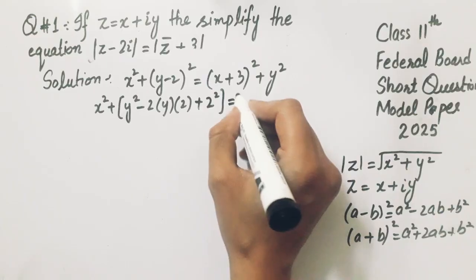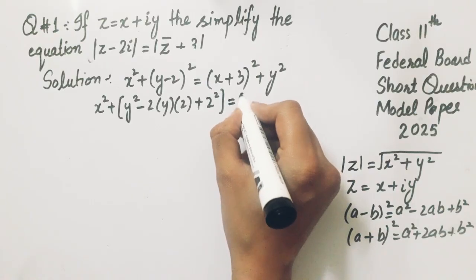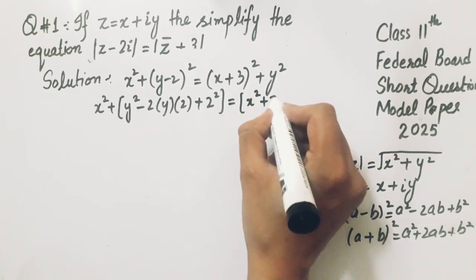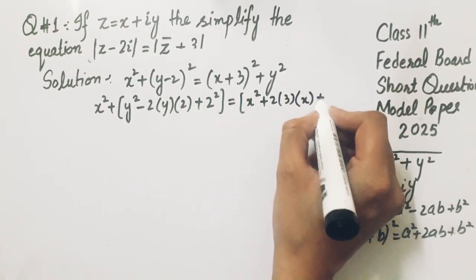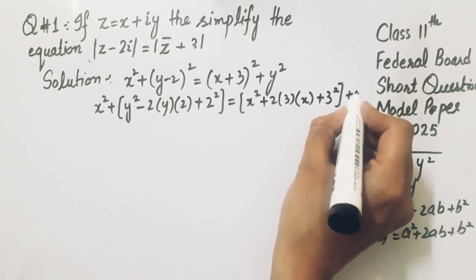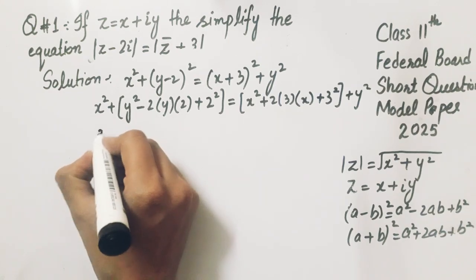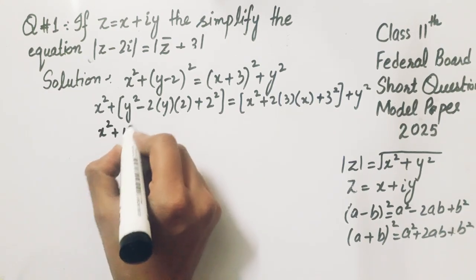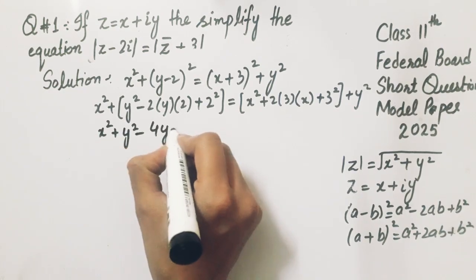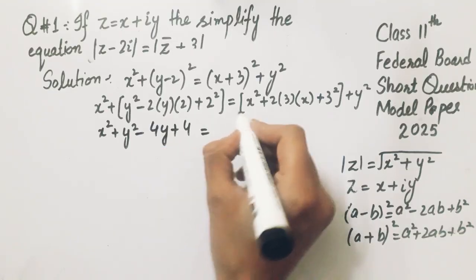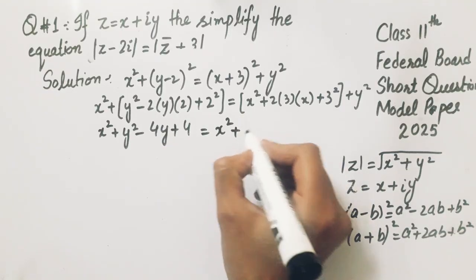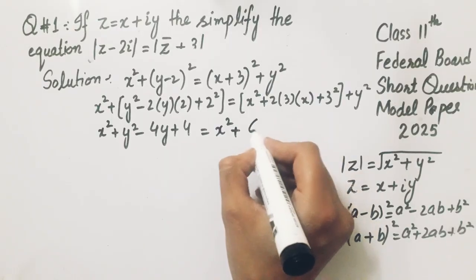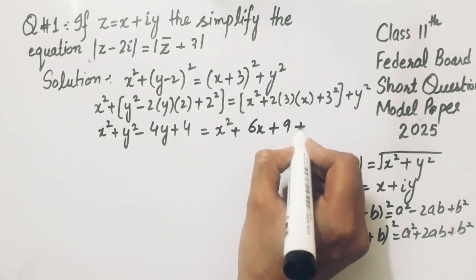It will become x square plus 2 into 3 into x plus 3 square plus y square. So this will become x square plus y square minus 4y plus 4, and this is equal to x square plus 6x plus 9 plus y square.